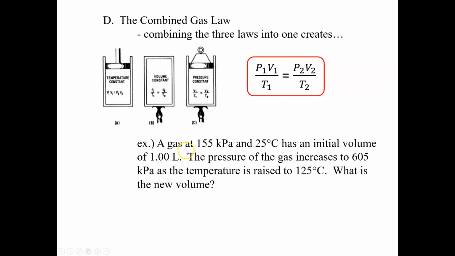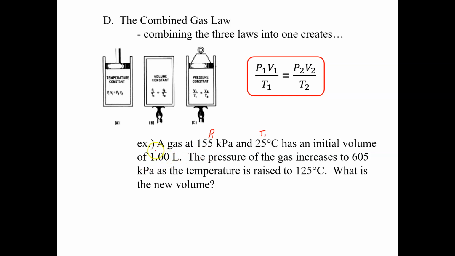It says a gas at 155 kilopascals. Kilopascals, that sounds like a pressure, so this must be P1. And 25 degrees Celsius, well, that's a temperature, so that must be T1. It has an initial volume of 1 liter.